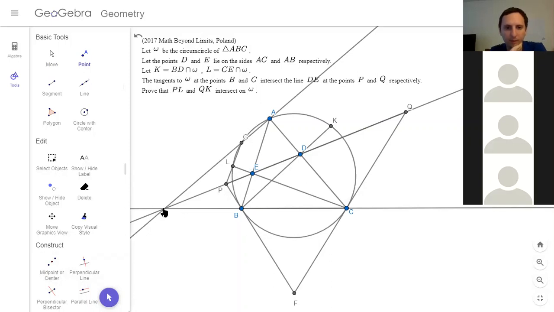We can prove it from Pascal in two parts. First, we will prove that H, P, E are collinear. Then we will prove that similarly H, P, D.